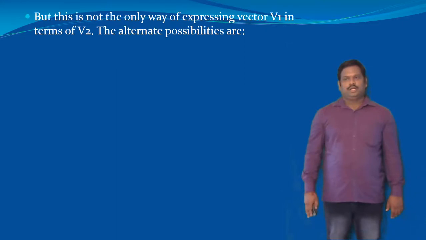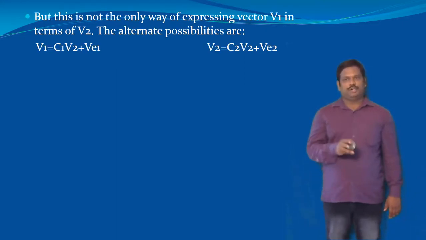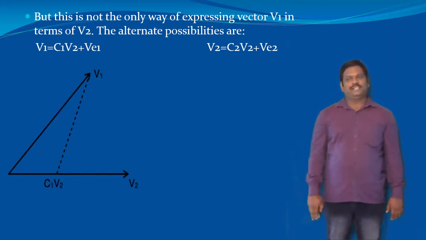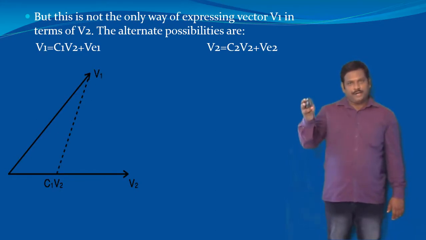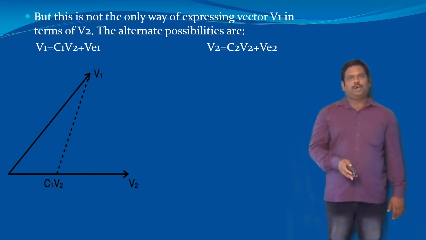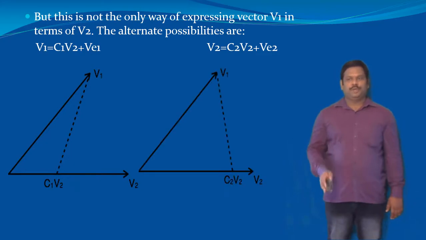That is, v1 is equal to c1 v2 plus ve1, and v1 is equal to c2 v2 plus ve2. The first one will be drawn like this, from the end of v1 drawn onto v2 like c1 v2 on v2. Similarly, v1 is equal to c2 v2 plus ve2, where the component will be drawn like c2 v2.